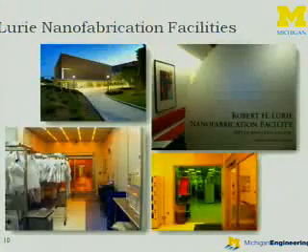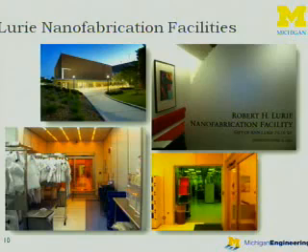Also, I worked in the Lurie Nanofabrication Facility, which people usually call the clean room. The bottom left picture is the gowning room. This is where we dress ourselves in the bunny suit to go into the clean room, to prevent bringing dust into the clean room.